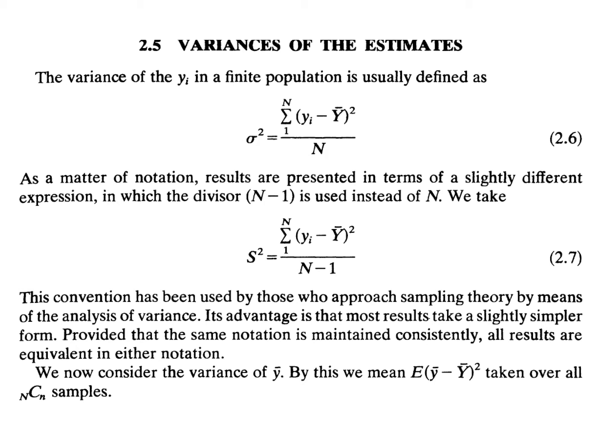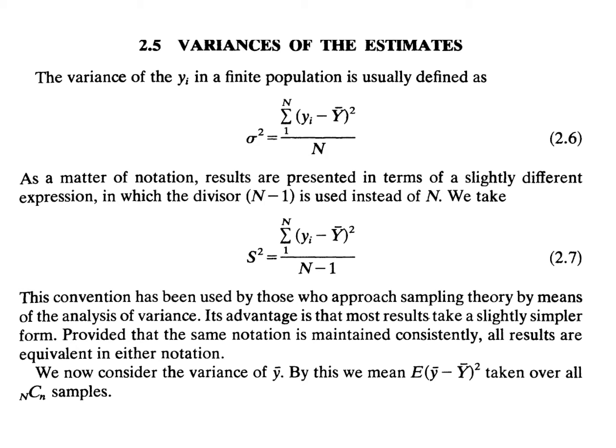As a matter of notation, results are represented in terms of slightly different expressions, in which the divisor N minus 1 is used instead of N. We take S squared equal to the summation of (y_i minus capital Y bar) all squared over N minus 1.